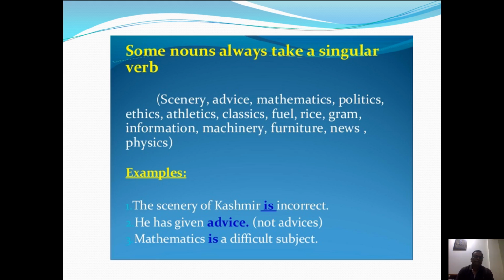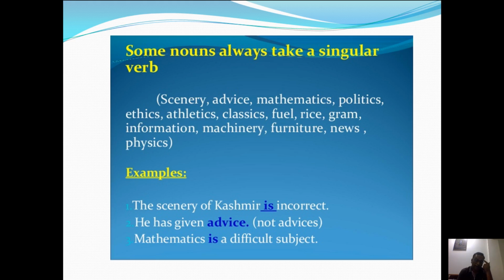In this slide, we are going to discuss singular verbs. Some nouns always take a singular verb. You remember this one? I have taken out some of the information, and you will have to keep it in your mind.